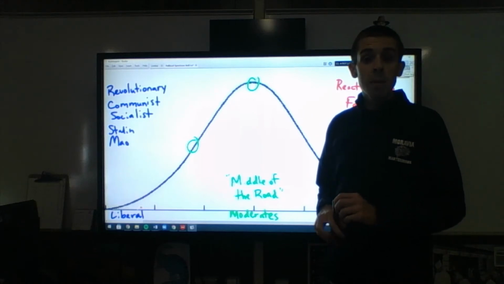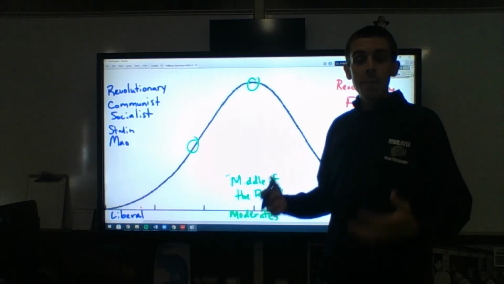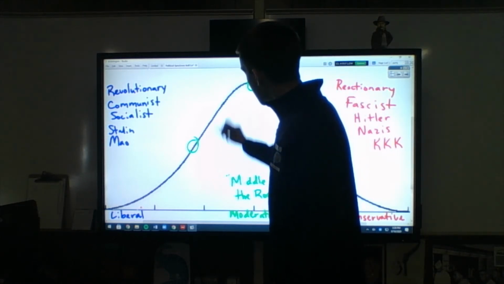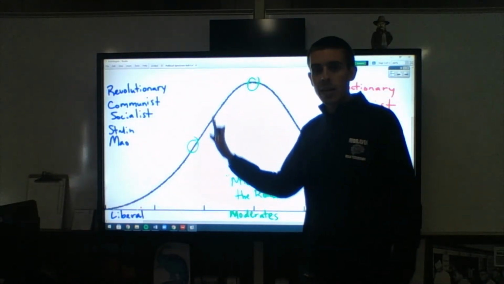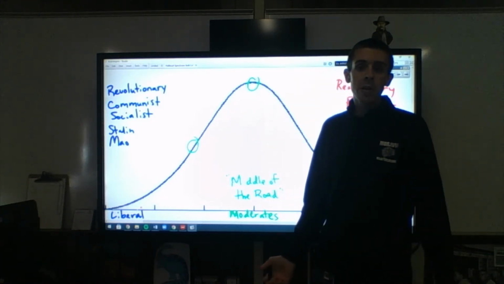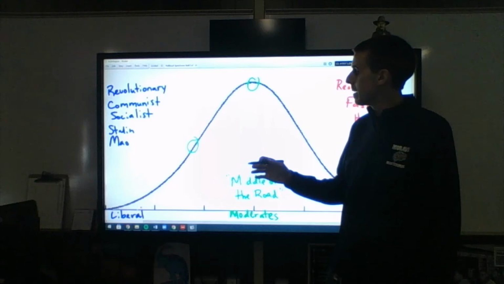Problem is, the people who are actual Democrats voting in this Democratic election are all of these people and on, give or take, because there's a large amount of people who are not one party or the other, or some other party.